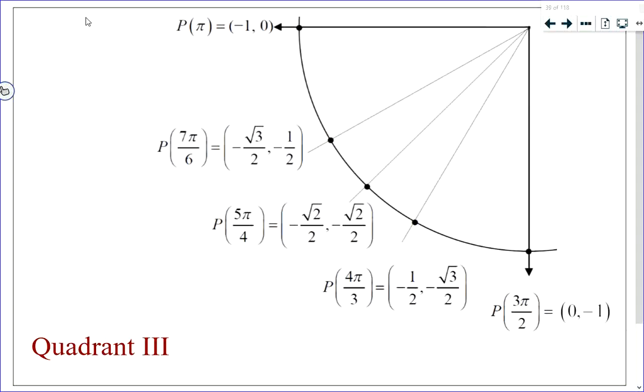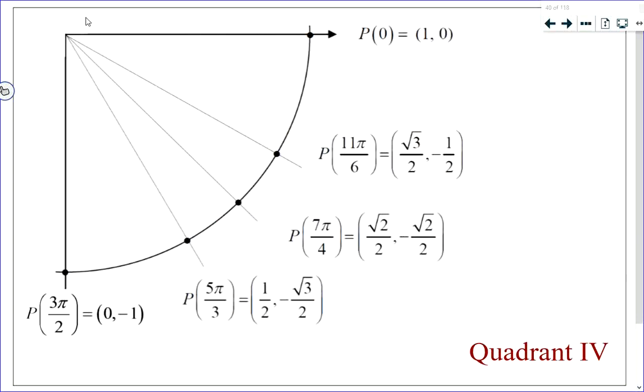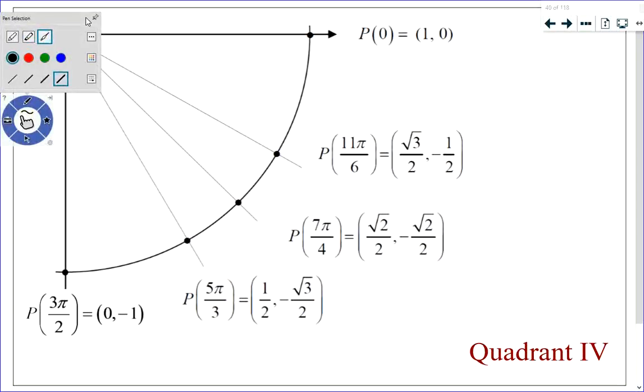Now, I want to stop here for a second because when we learn the unit circle, we're doing this, what you're looking at here in quadrant 4, because then we can say that if I want to determine, for example, it doesn't really matter, I'll take the sine of 7 pi over 4.